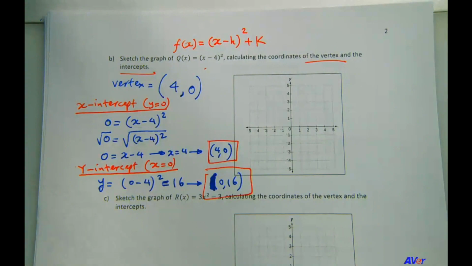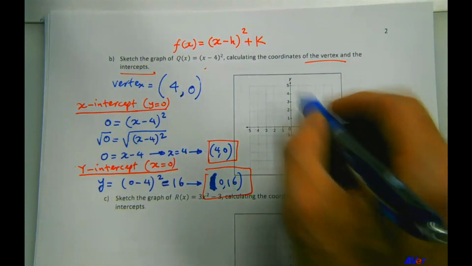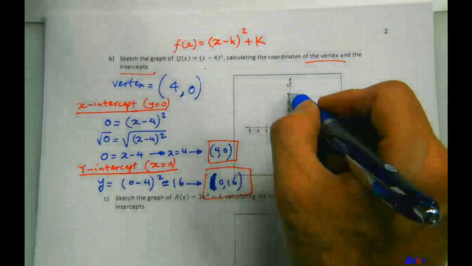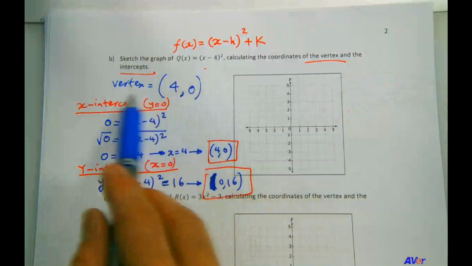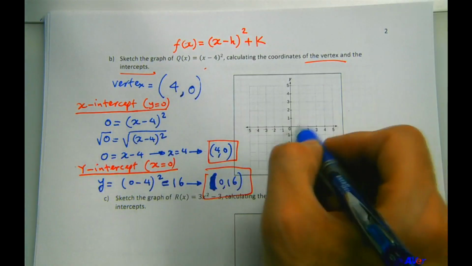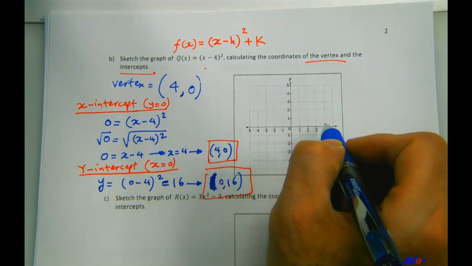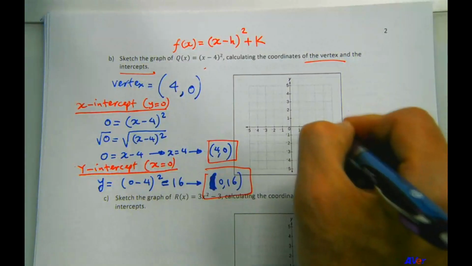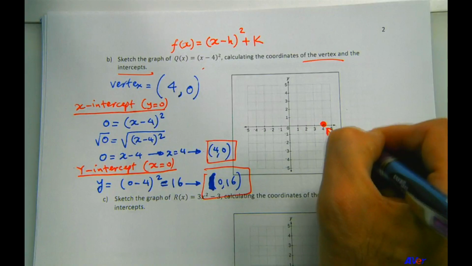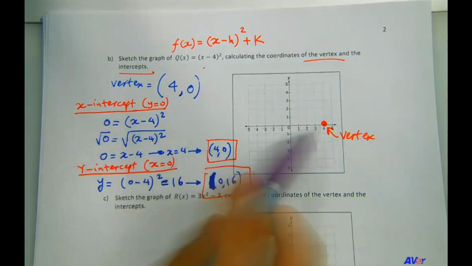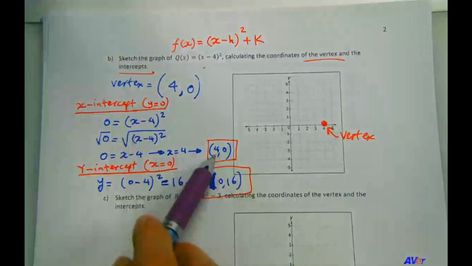Okay, so let's try to plot these. The vertex is at 4 comma 0. That would be 4 right there, right there is the vertex. And then that's the x-intercept, the only x-intercept we have.